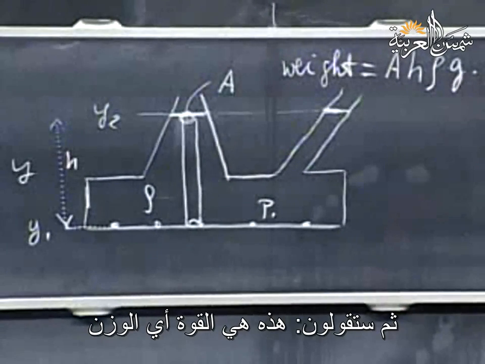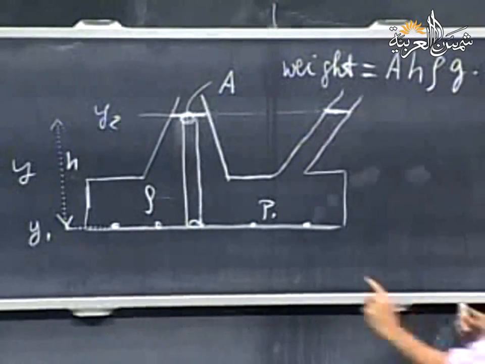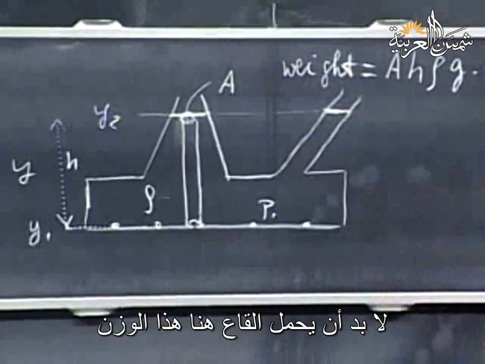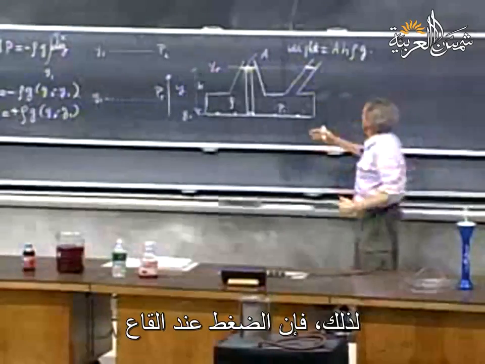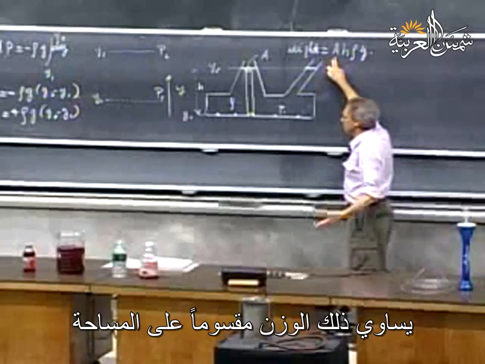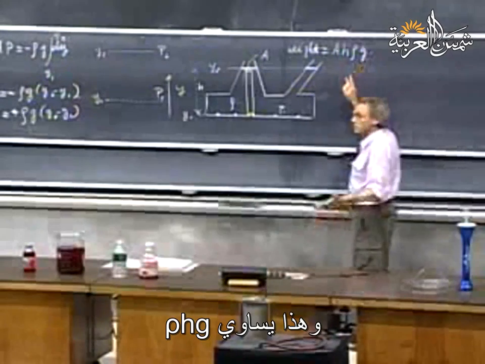And so you would say that's a force. The weight, the bottom here has to carry that weight. And so the pressure at the bottom is that weight divided by the area. So that is rho hg.